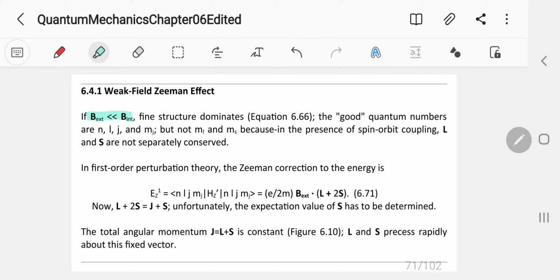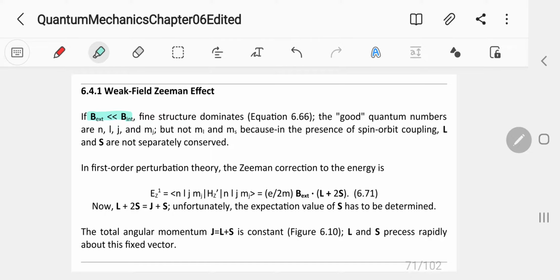In this particular scenario, the fine structure dominates the situation, and the good quantum numbers are, as we have studied in the previous lecture, n, l, j, and m_j, but not m_l and m_s, because in the presence of spin orbit coupling, L and S are not separately conserved.